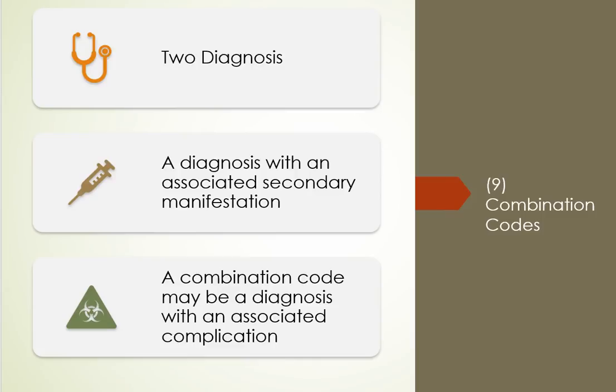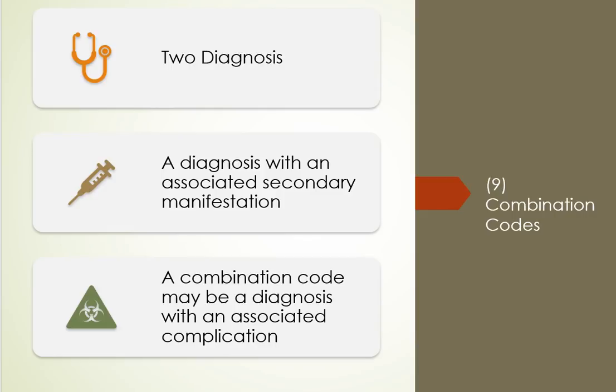Next up, our guideline number 9 for combination codes. A combination code is actually a single code that can classify either 2 diagnoses, a diagnosis with an associated manifestation, or a diagnosis with an associated complication.